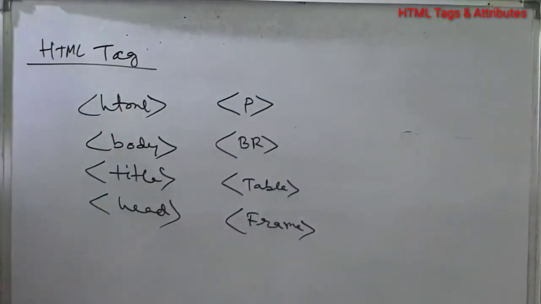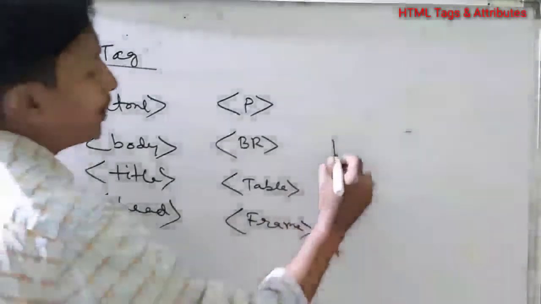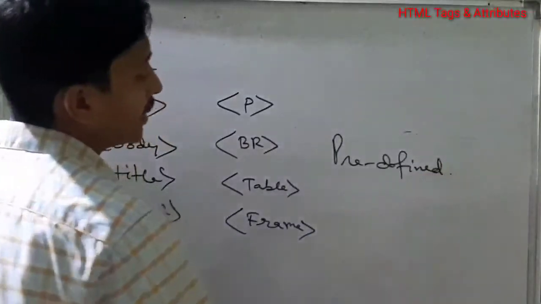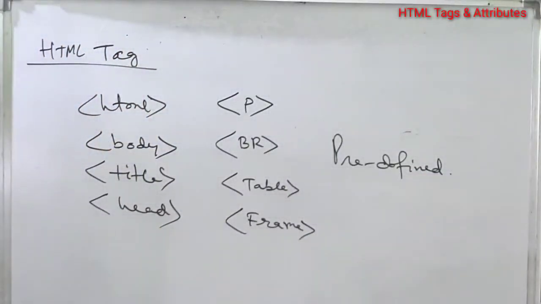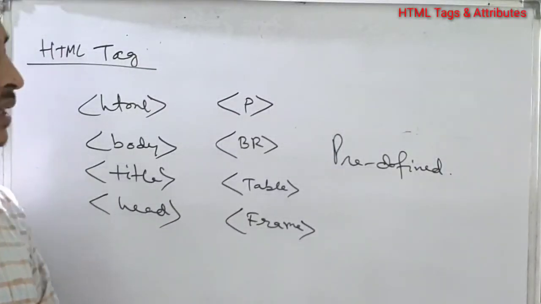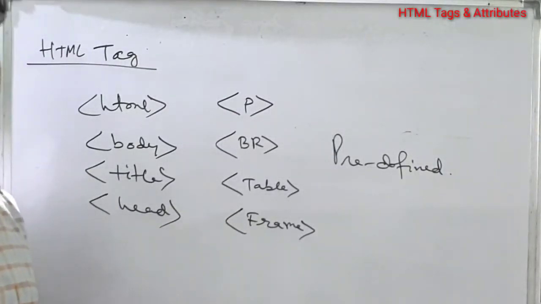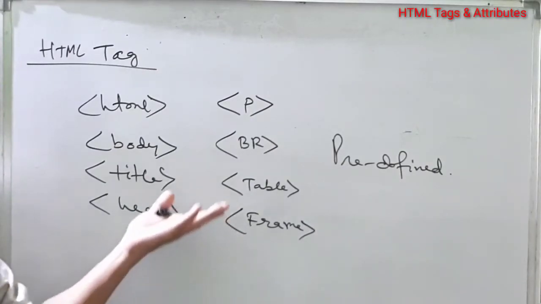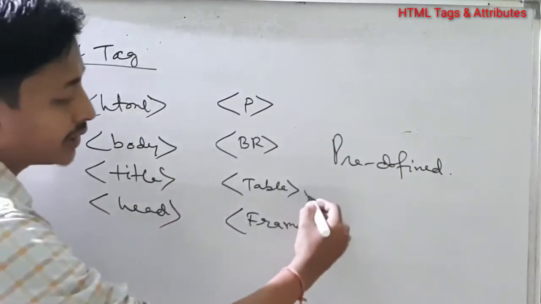There are many tags, and these tags are called predefined. Predefined means it is already defined. You cannot create these tags. These tags are already defined in your HTML system, so you cannot change them. If you want to create a table, you have to use the table tag.